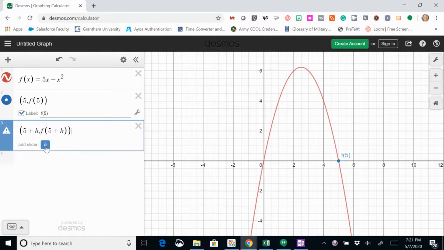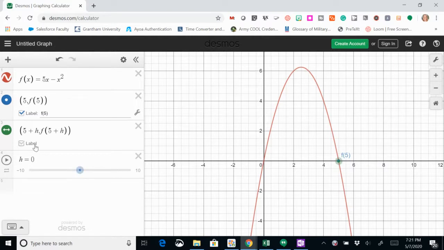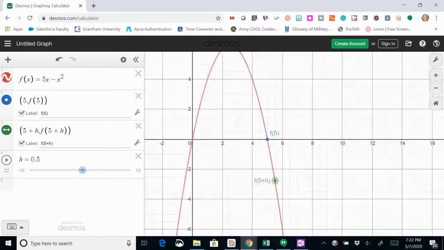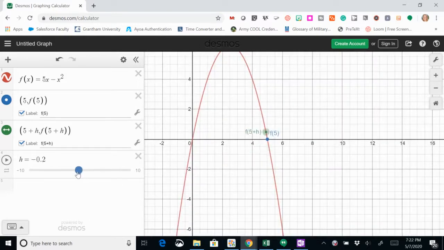And I'm going to add a slider for h, so that just means I can change where h is. So I'm going to label this f of 5 plus h. Right now h is 0, so they're the same point. And then you can see if h moves, that difference moves here.